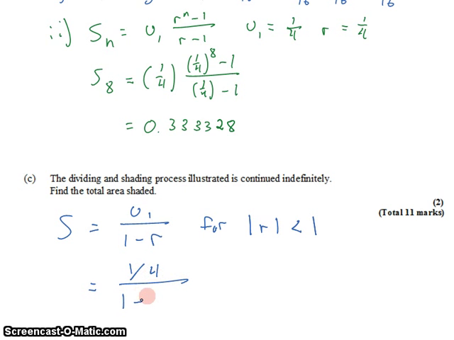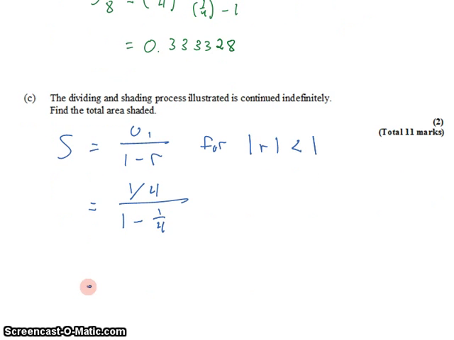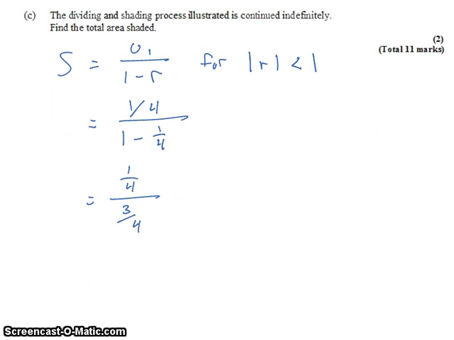And we know what R is. It's 1/4. 1 is 4/4. So 4/4 take 1/4 is 3/4. 1/4 divided by 3/4, the 4's cancel, and we get 1/3. That's the sum. Basically, the black shaded areas are 1/3 of the total area.